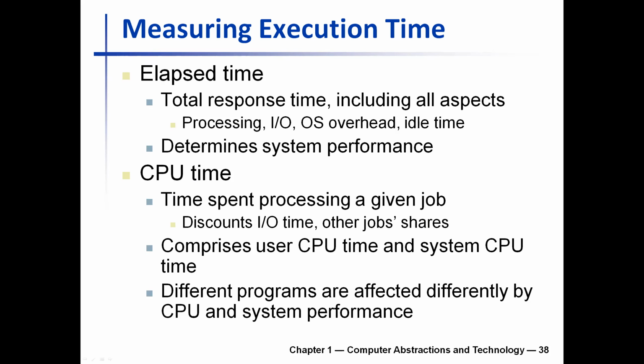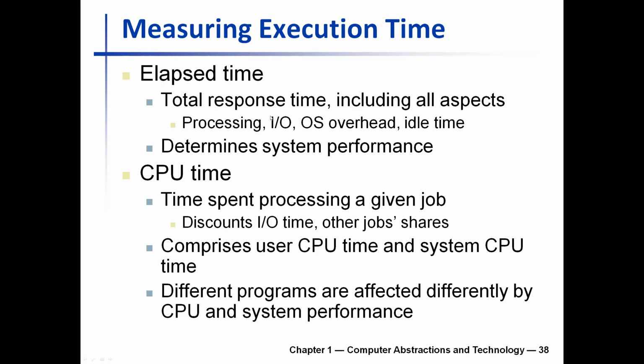Yeah, so different programs are affected differently by CPU and system performance, based on what these programs do. What hardware do these different programs use? What external communications do these programs do? So how elapsed time and CPU time are defined differs for different programs.